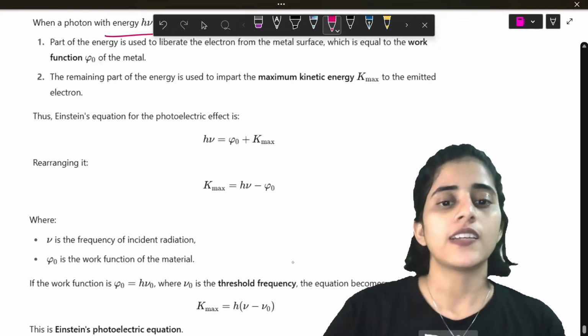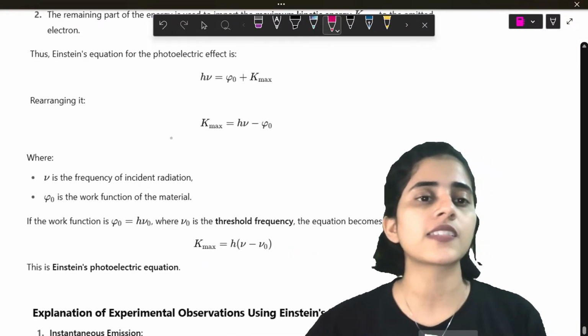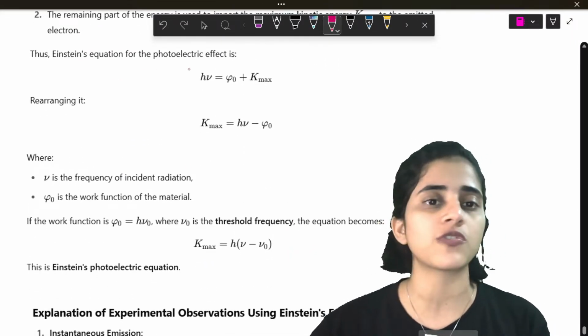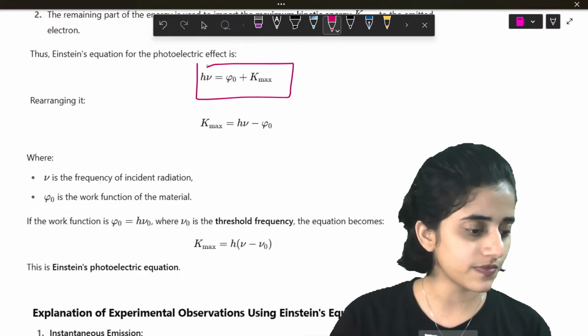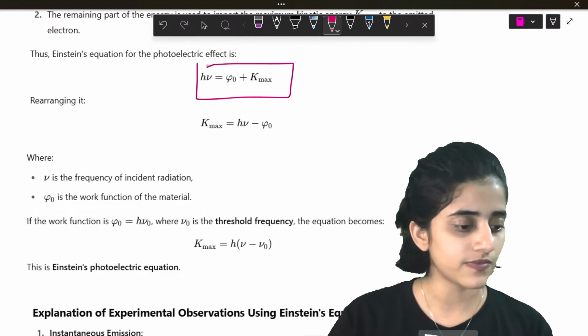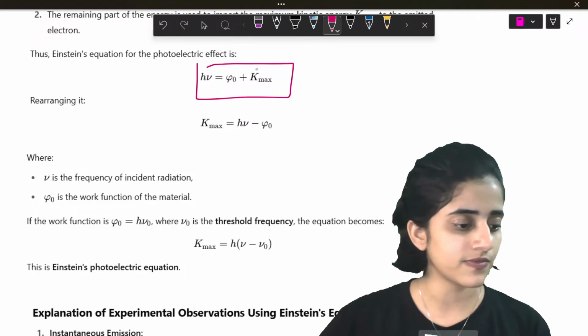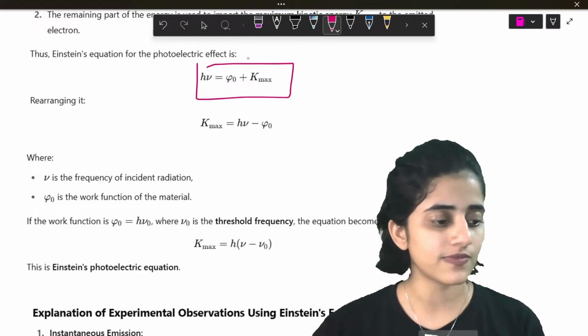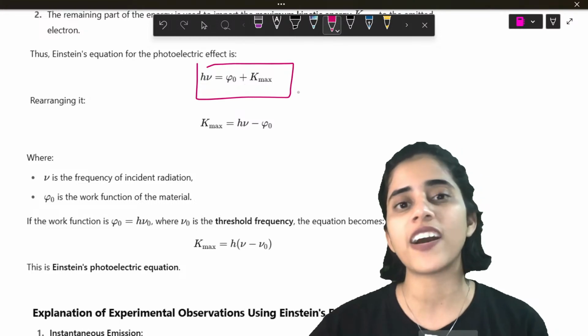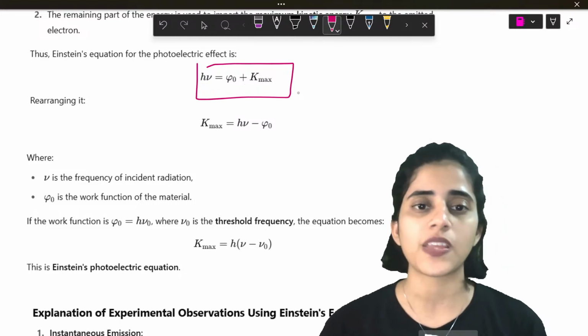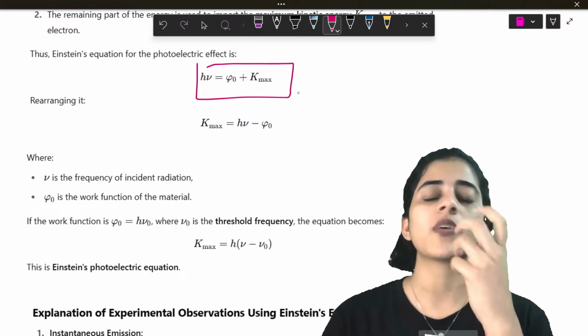And thus, Einstein's equation for photoelectric effect is h nu is equal to phi plus kinetic energy maximum. What is phi?